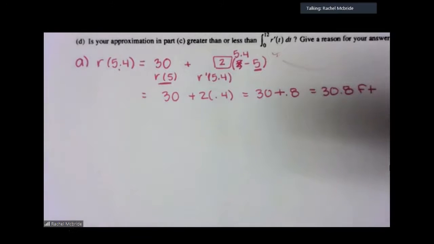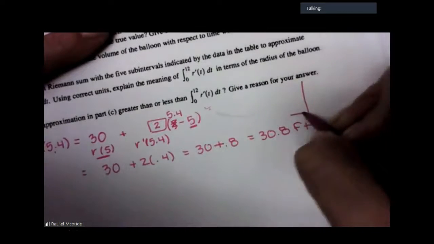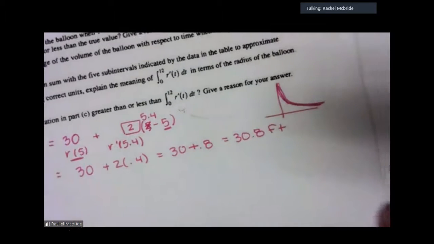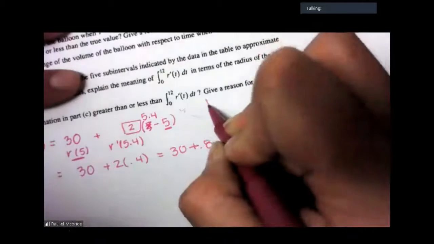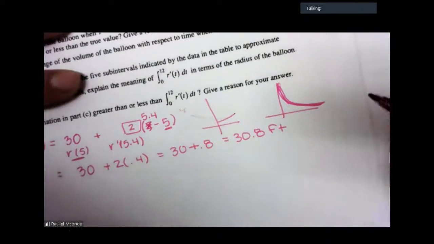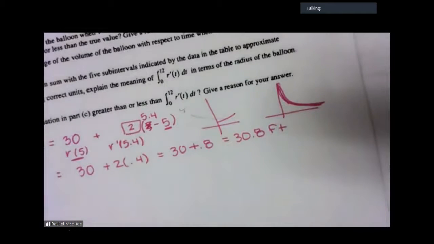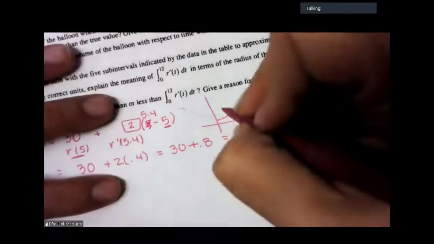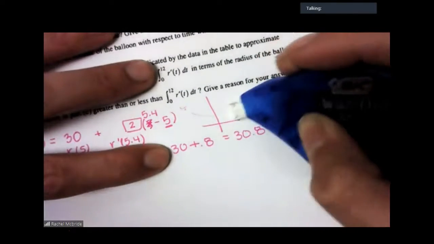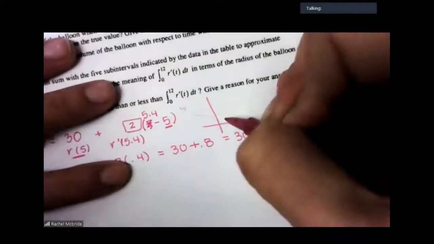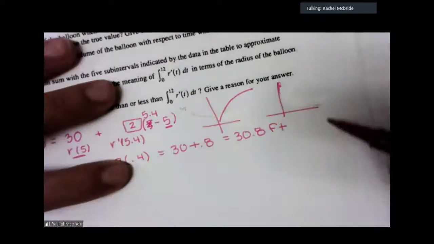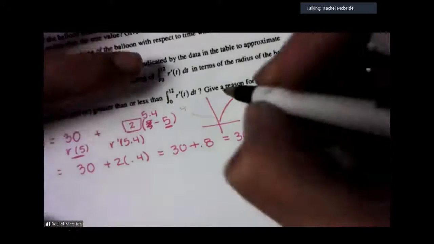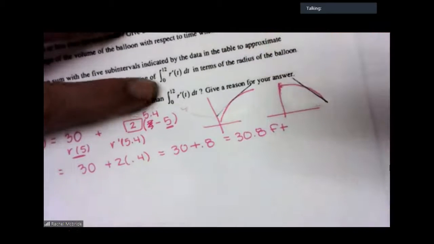If the original function is concave down, it doesn't matter if it's concave down and increasing, or concave down and decreasing, the equation of the tangent line in either situation is always going to be where?